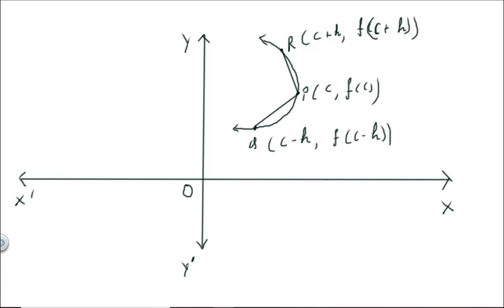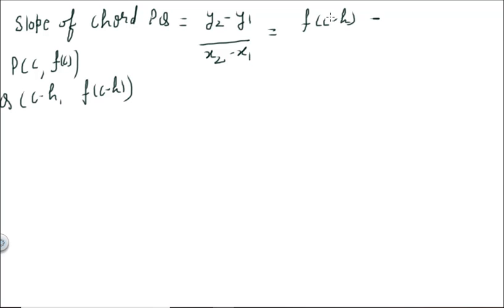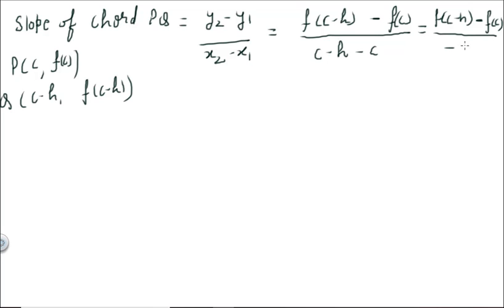When we are finding the slope, we write f of C minus h, which is y2, minus f of C, upon C minus h minus C. So the answer we get is f of C minus h minus f of C divided by minus h, as C and C get cancelled.